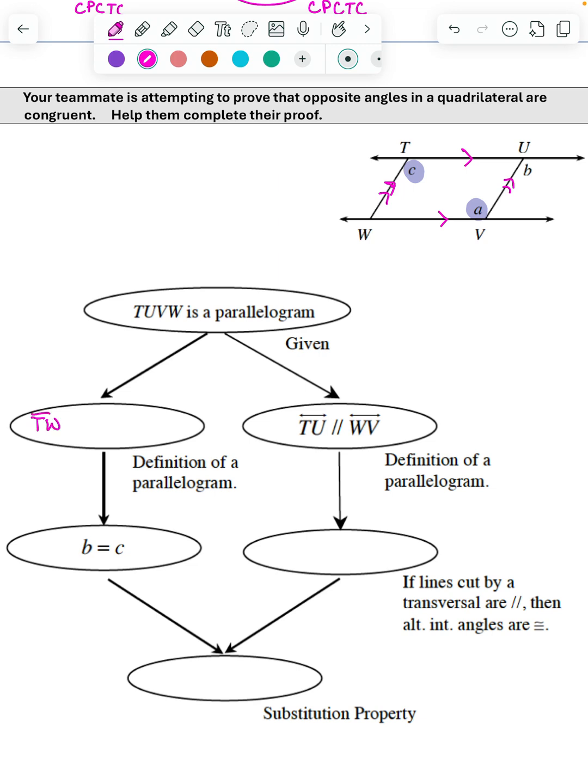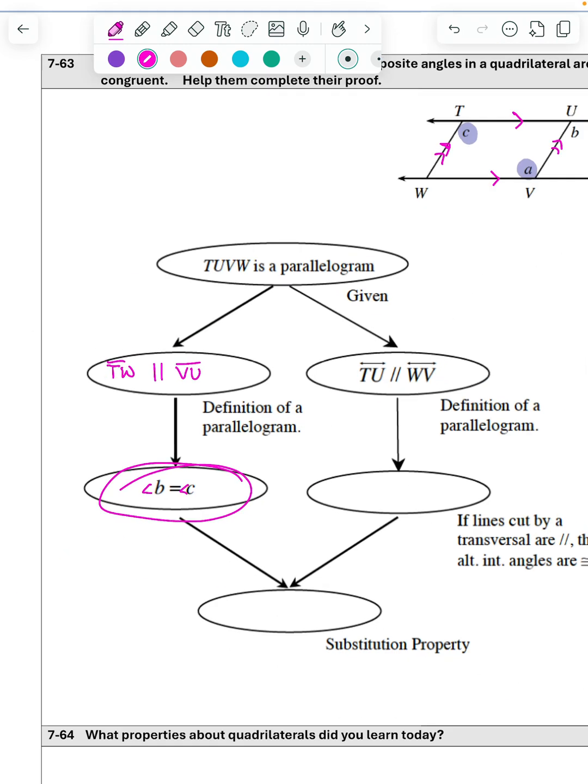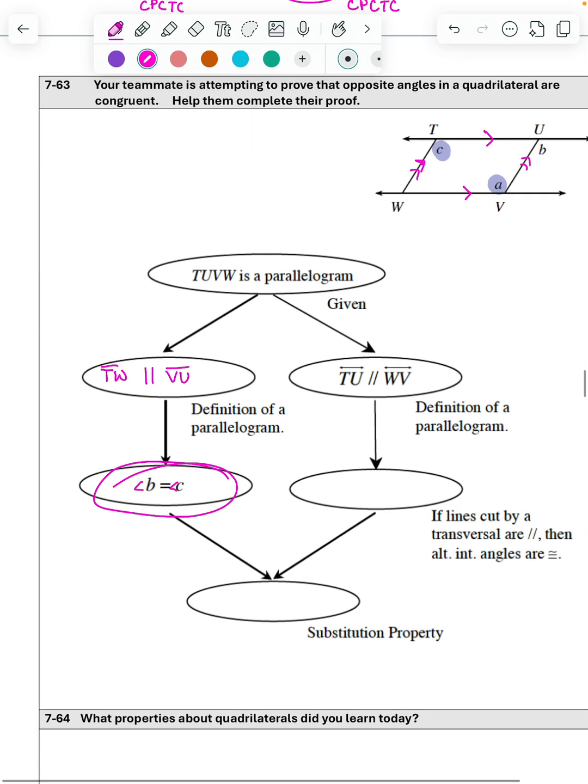We could say that side TW is congruent to side VU. And I'm sorry, not congruent, parallel. Because of the definition of a parallelogram. We know this about a parallelogram. We can use this information. So from that, apparently we can say, and this is poorly written, this should say angle B is equal to angle C. Okay?